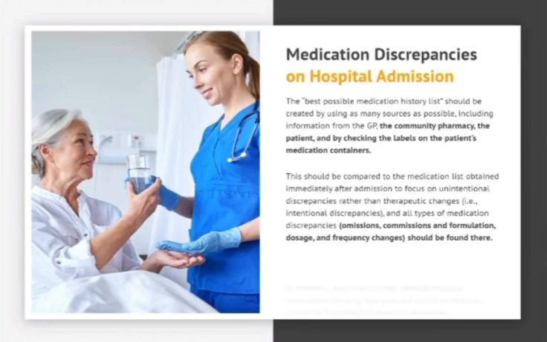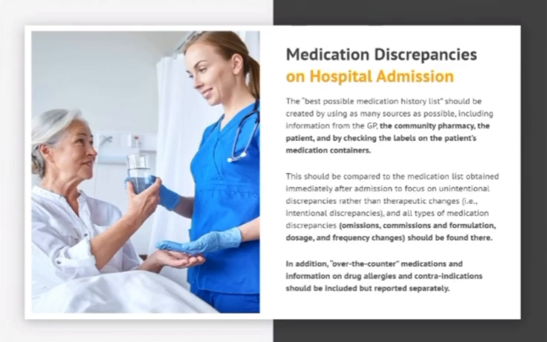The best possible medication history list should be created by using as many sources as possible, including information from the GP, the community pharmacy, the patient, and by checking the labels on the patient's medication containers.